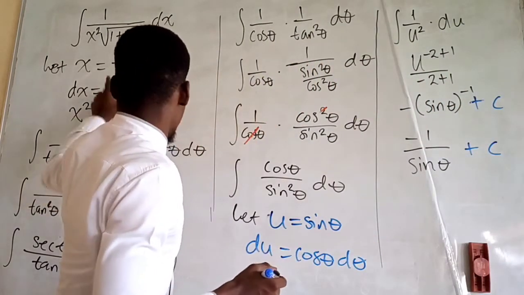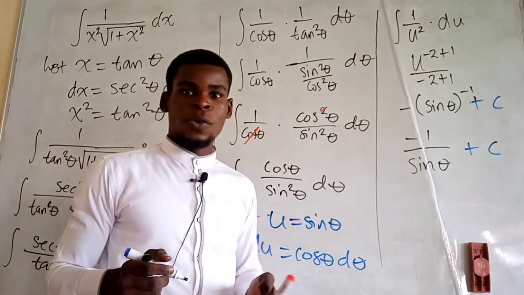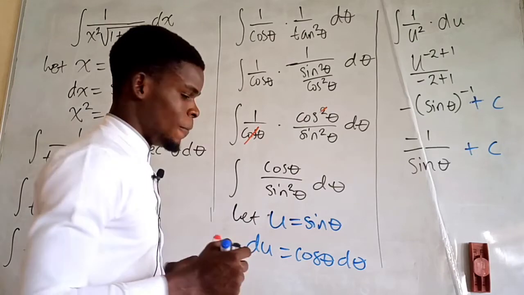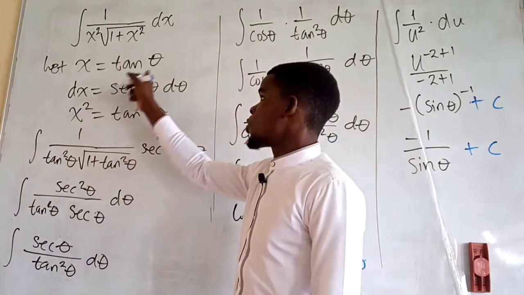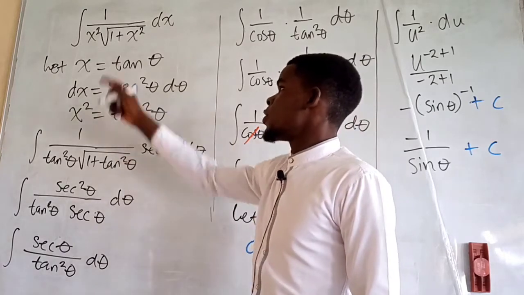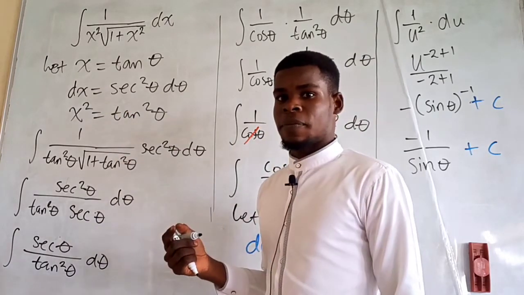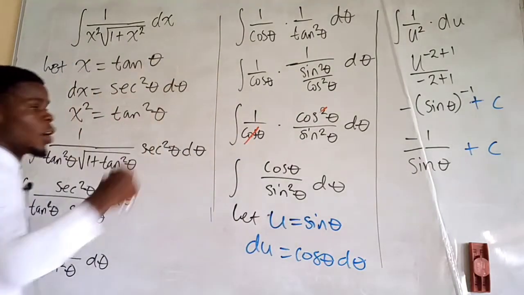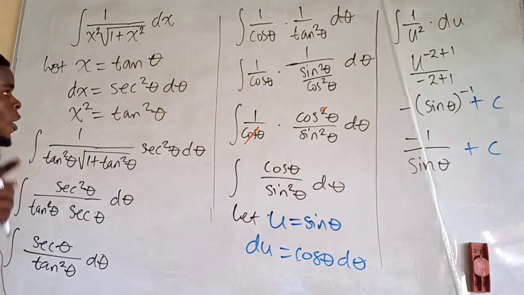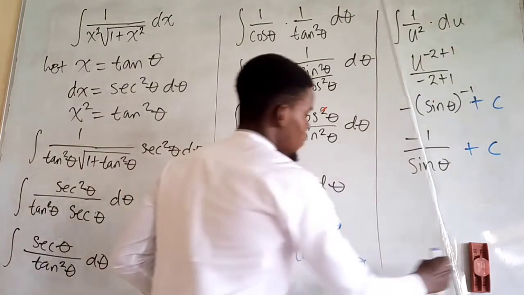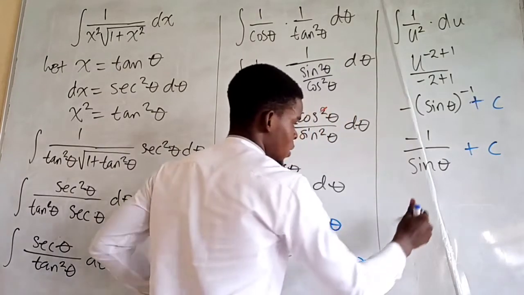Now, we can still do some more work on this. Remembering that we started with the x variable, we need to arrive there. So what was our theta actually? Recall the original substitution, where x is equal to tangent theta. That means that theta is going to become the inverse tangent of x. Since x is equal to tangent theta, let me consider a right angle triangle.